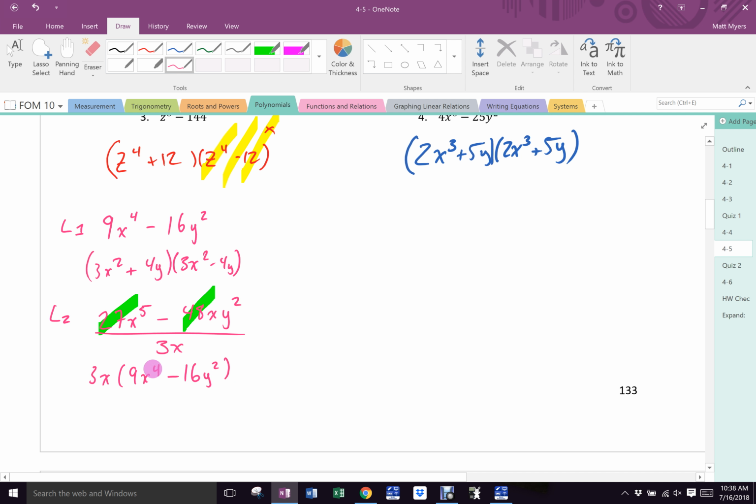Oh, we know how to deal with that, don't we? 3x squared minus 4y, 3x squared plus 4y. That's level 2. Does everybody understand? It's the same thing. If you can take something out, you take it out, and then the same rules apply. Everybody good? Yeah?